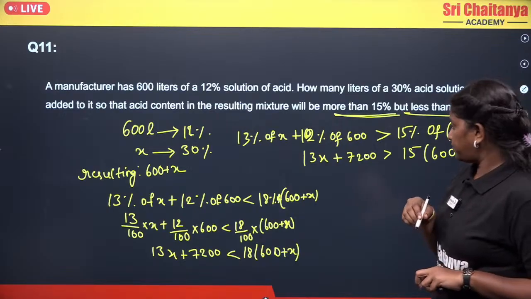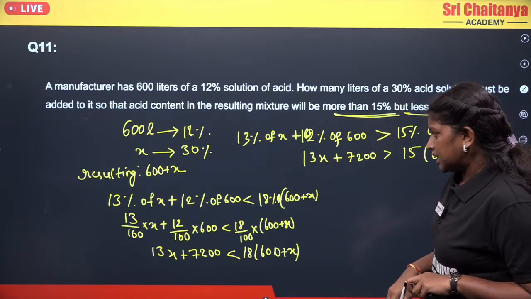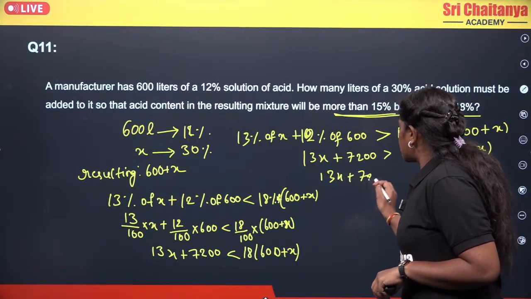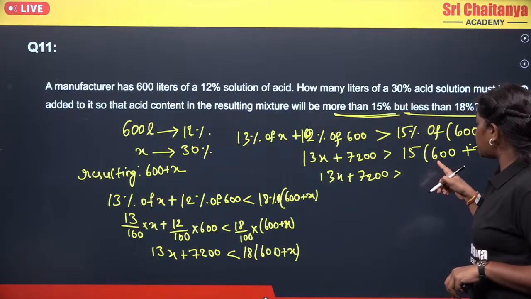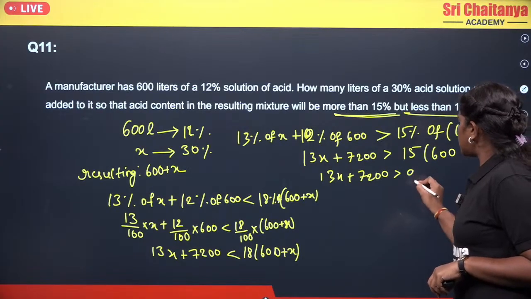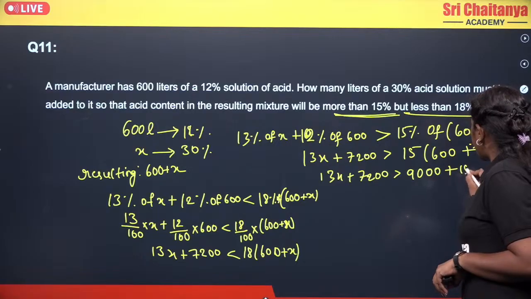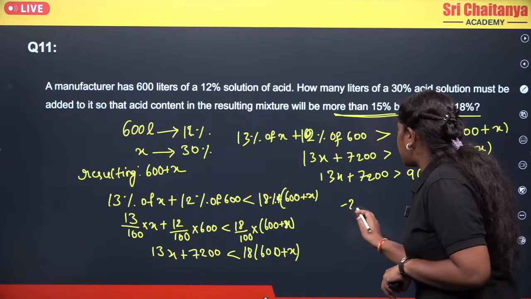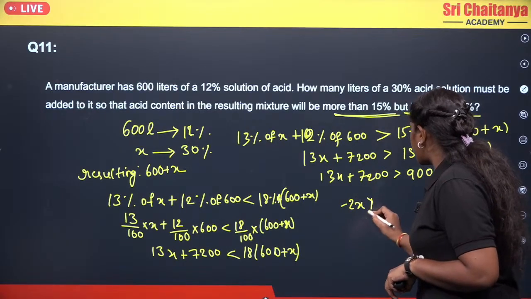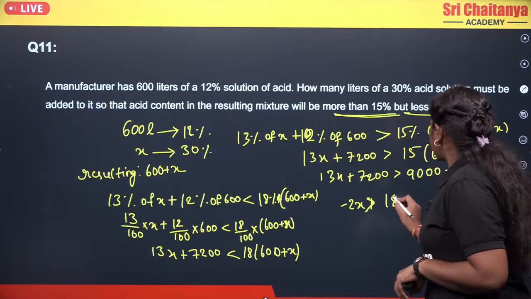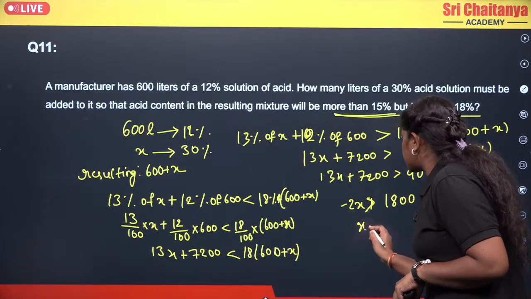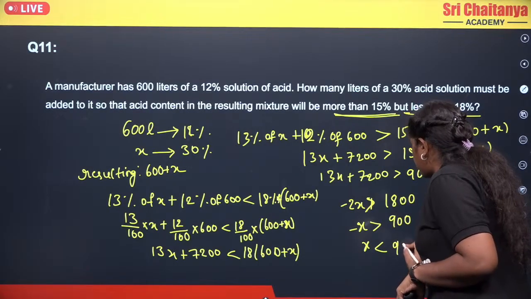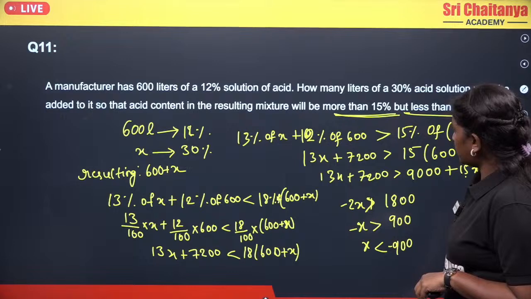So now simplify this: 13x plus 7,200 greater than 15 into 6, 6 5s are 30, so that will become your 9,000 plus 15x. So now these 15x if you take, then you will get minus 2x, and this 7,200 crossing over, it will be 1,800, so minus x will be greater than 900, so x will be less than minus 900. Okay, understood?